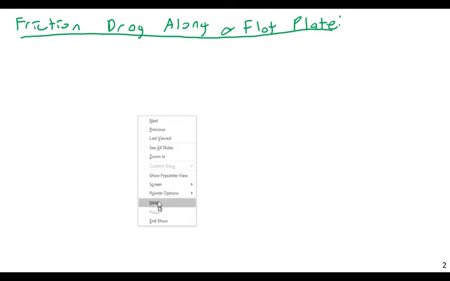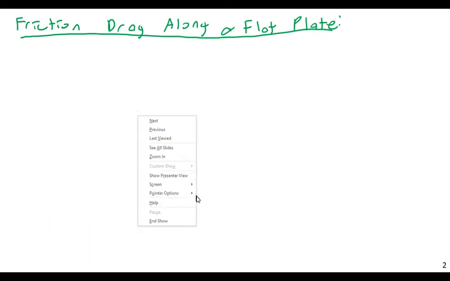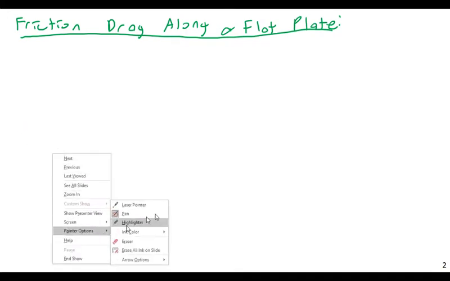All right, so let us consider a flat plate here. And we'll look at this.